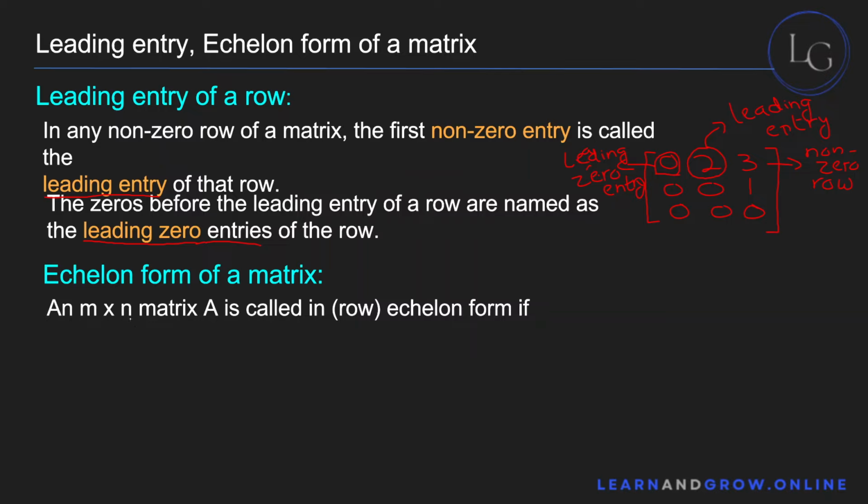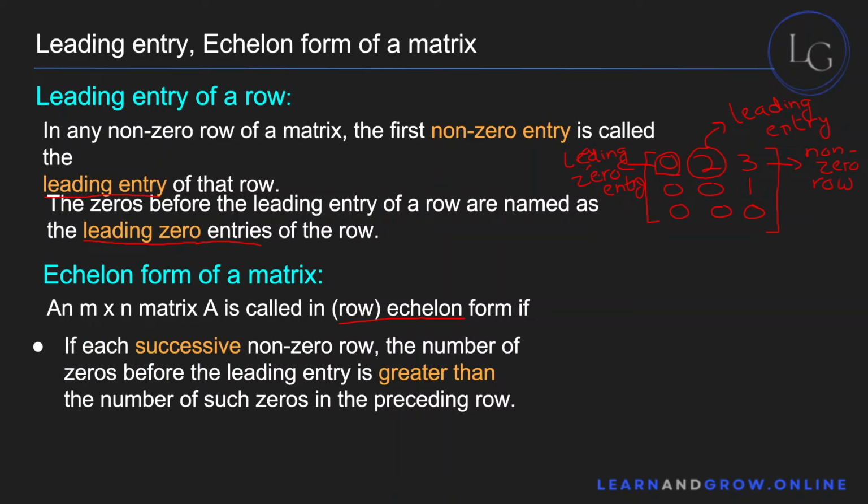Now, what is the echelon form of a matrix? Let's have a matrix A, which is of the order m cross n, and it is in row echelon form if the first condition is that in each successive non-zero row, the number of zeros before the leading entry is greater than the number of such zeros in the preceding row. Take this matrix here again.